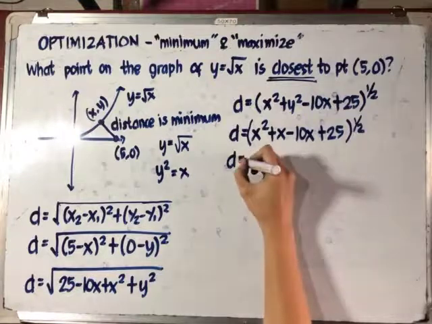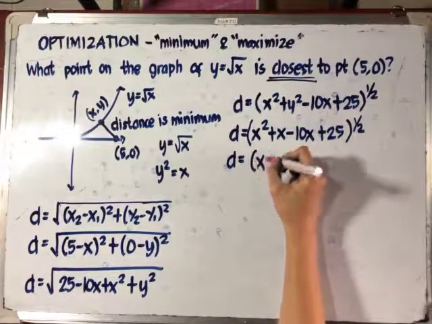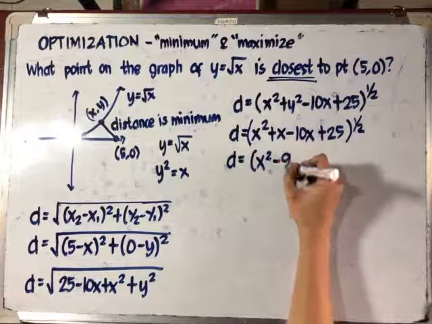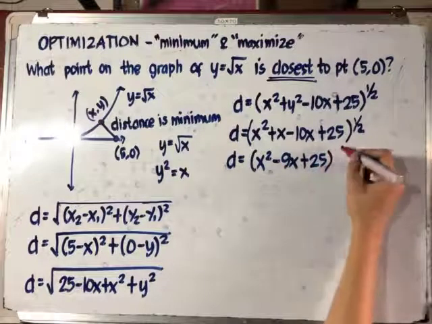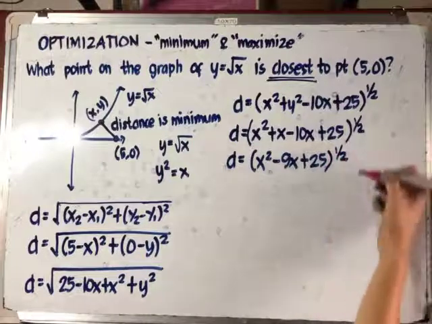Now, let me simplify this: x squared minus 9x plus 25, raised to 1/2.